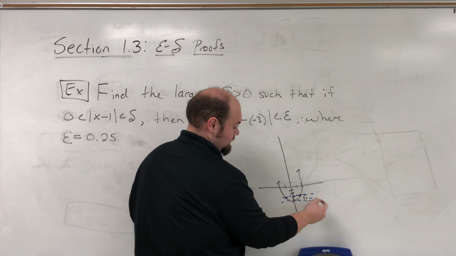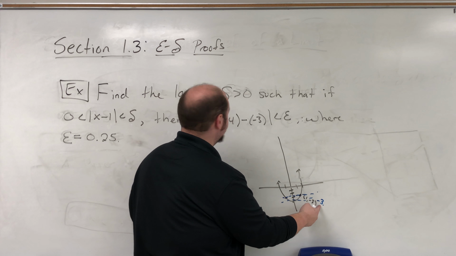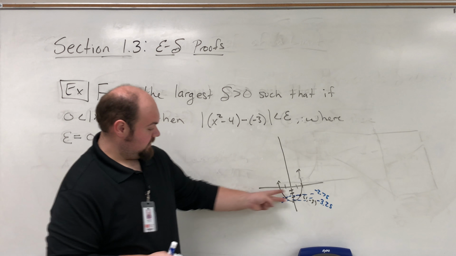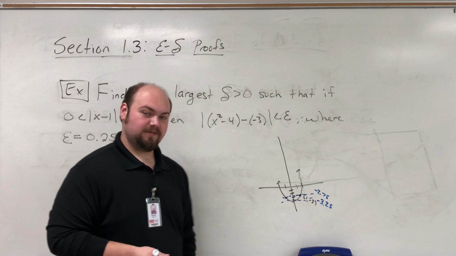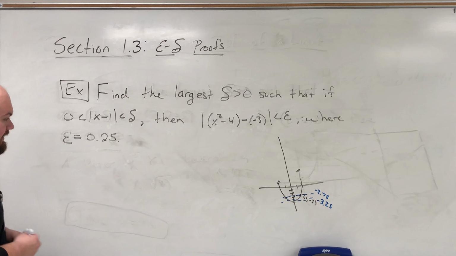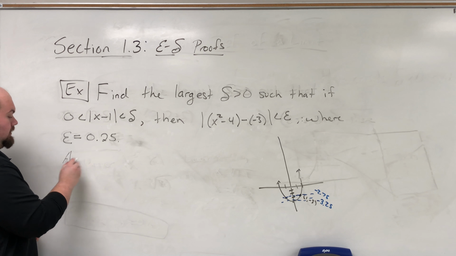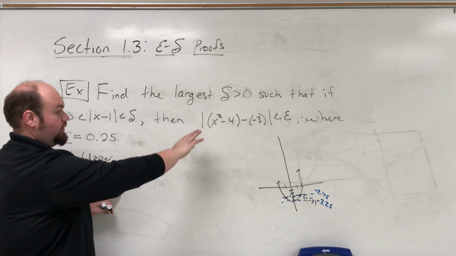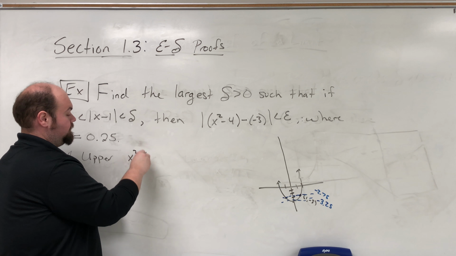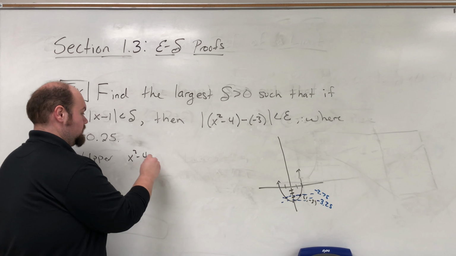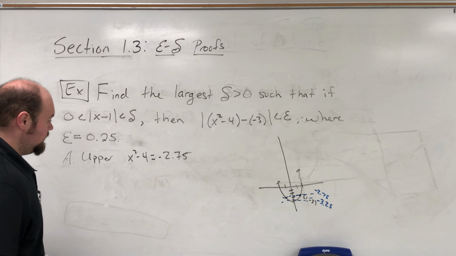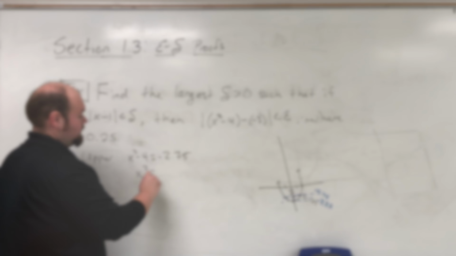So we're going to be at -3.25 on the bottom. We're going to be at -2.75 up top. So we need to bound this point within that epsilon band. So to find the upper value, we're going to have the function x squared minus 4 needs to be equal to -2.75. That's going to be the upper one.